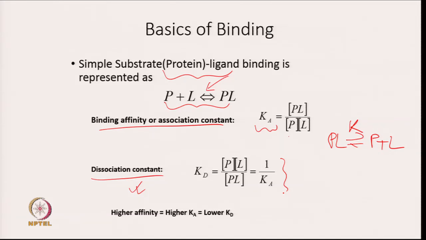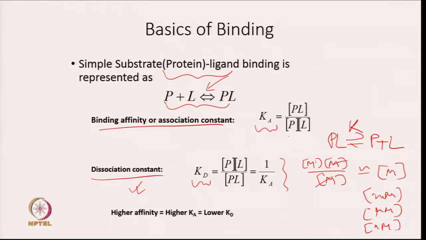Generally, if you look at the unit of this Kd, you will see that this is molar multiplied by molar divided by molar, and so the unit is either molar or millimolar or micromolar or nanomolar. So, the unit of dissociation constant will be in molar, millimolar, micromolar or nanomolar, whereas the unit of Ka is going to be molar inverse or millimolar inverse, micromolar inverse or nanomolar inverse.